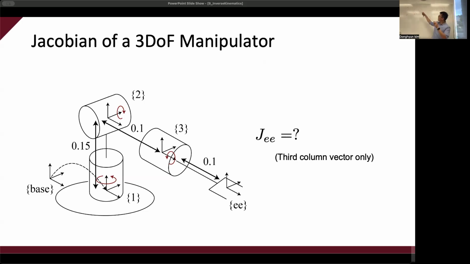So this vector, the first 1, 2, 3, asks: if this third joint rotates, what's the angular velocity we're going to see in the end effector? Then we know that it is only possible to make roll directional velocity, right?